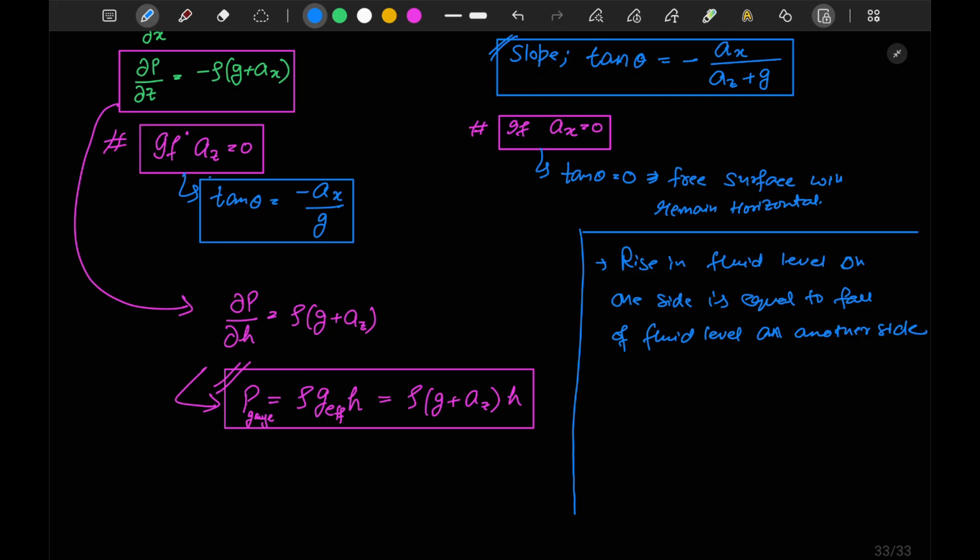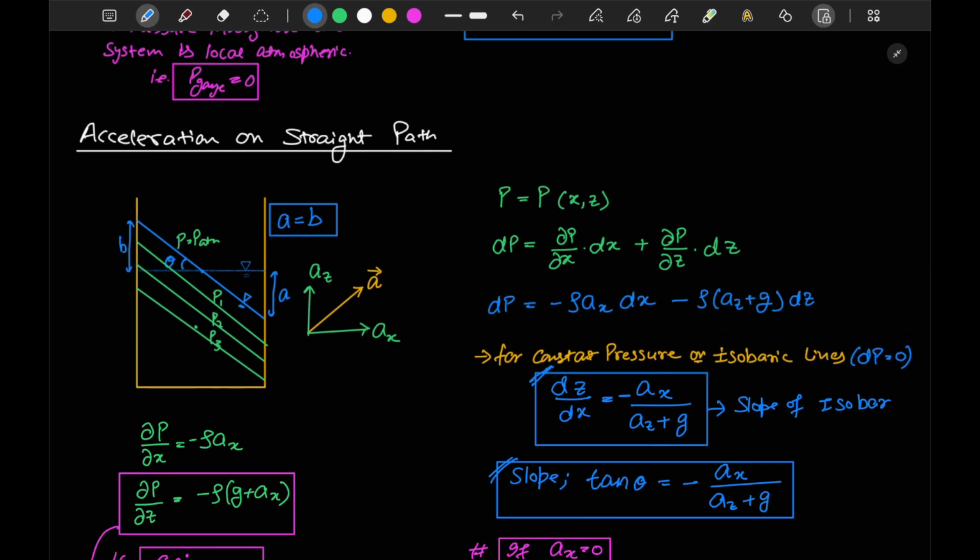Now if there is a case of spillage, in that case you will assume an imaginary surface like this. Let's say it should be like this, but the actual surface will be like this.